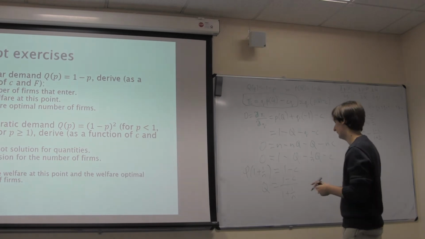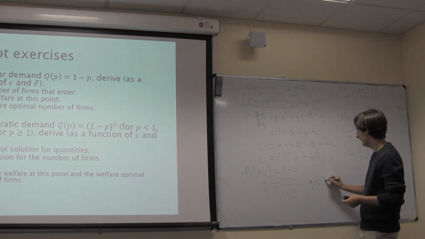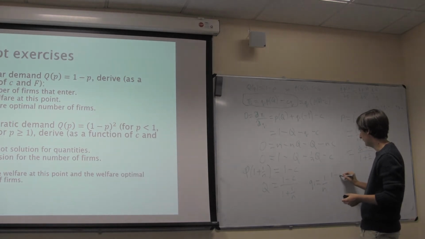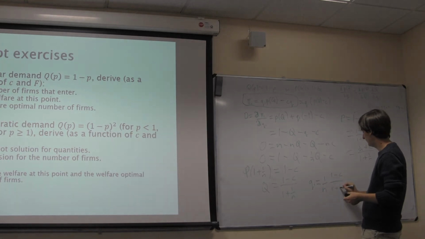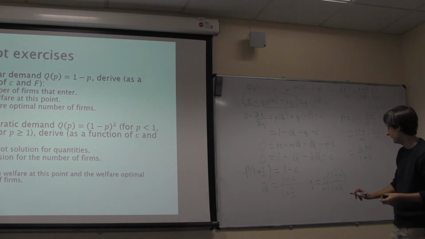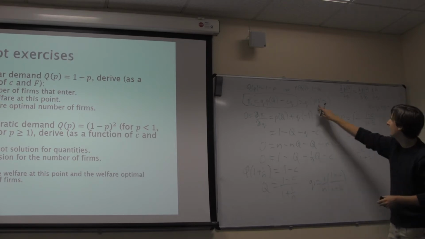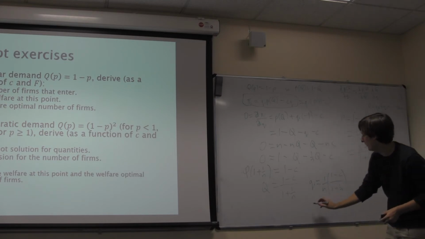Divided by n. Yeah, exactly. So qi for all i is going to be 1 over n times all of Q, 1 minus c over 1 plus 1 over n. Okay, so we've got qi. So we want to know qi times price minus marginal cost.